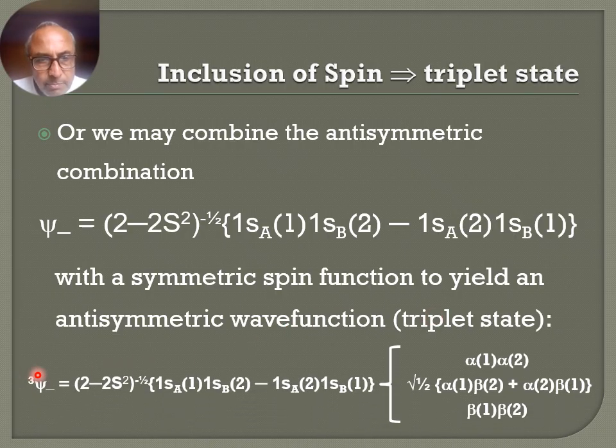Thus, triplet psi minus equals a normalization constant times 1s A1, 1s B2 minus 1s A2, 1s B1 times either of these three symmetric spin functions, that is alpha 1 alpha 2, or 1 upon root 2 alpha 1 beta 2 plus alpha 2 beta 1, or beta 1 beta 2. So there are three components of the triplet state.